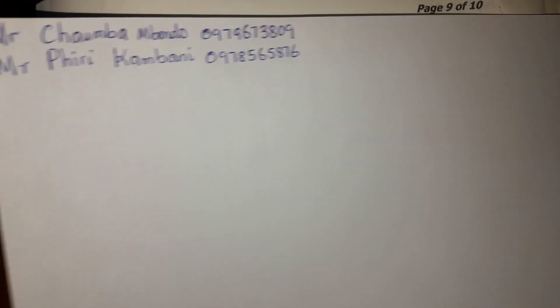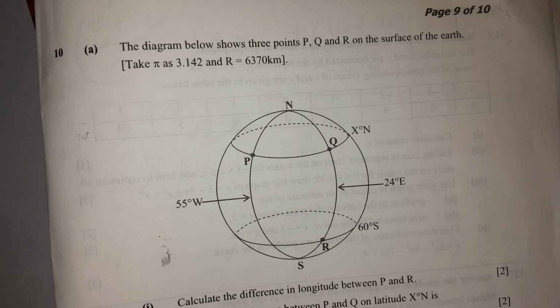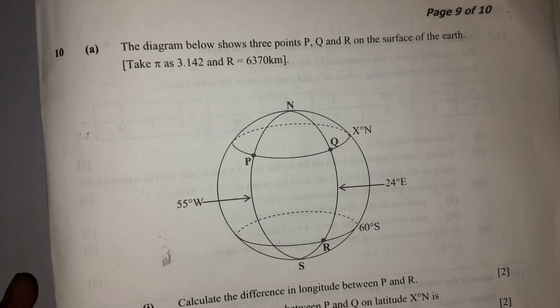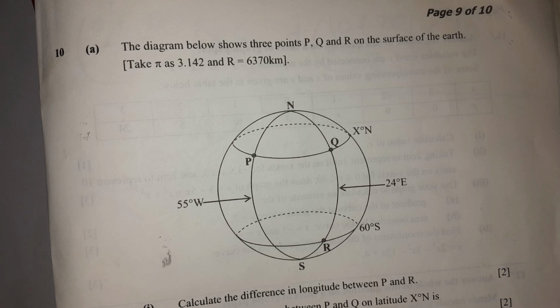Okay, so let's go back to the question. The diagram below shows 3 points, P, Q, and R on the surface of the Earth. We're going to take pi as it is given there. Radius is given in kilometers, so all our answers will be in kilometers because the radius has been given in kilometers.